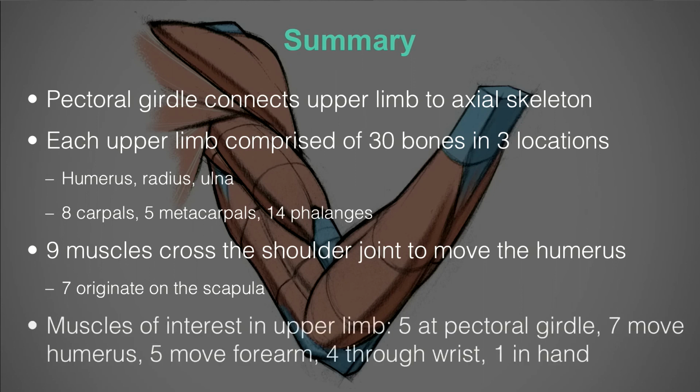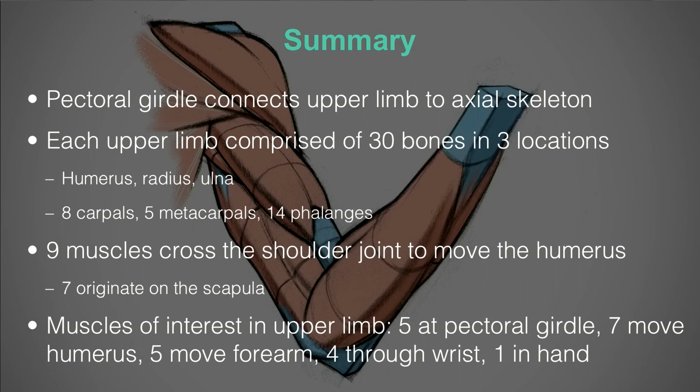And then we spent much time over 2 classes outlining a summary table ad nauseum of the muscles of interest in the upper limb. We talked about 5 muscles in the pectoral girdle specifically.